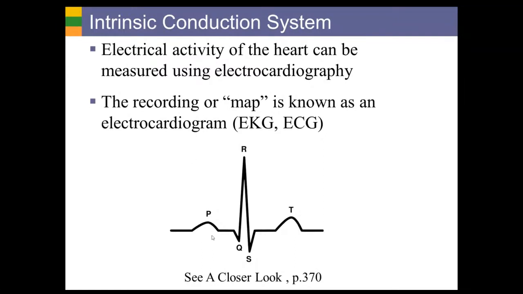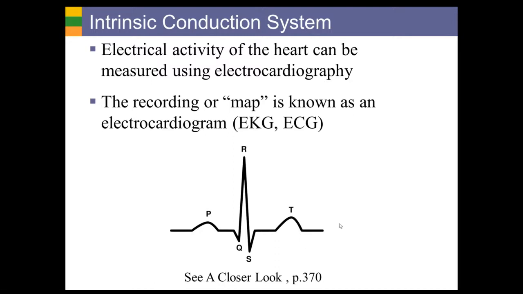You have the P wave, the QRS complex, as it's called, and the T wave. The P wave is depolarization of the atria. The QRS complex is depolarization of the ventricles, and the T wave is repolarization of the ventricles.